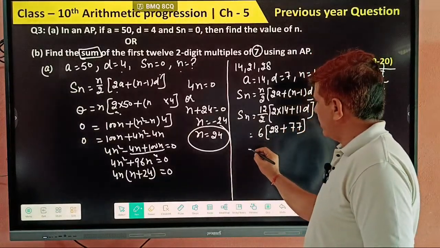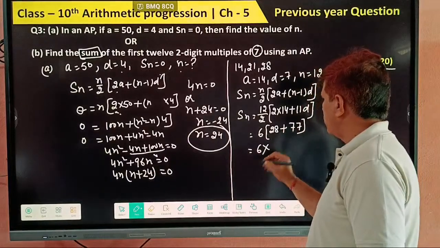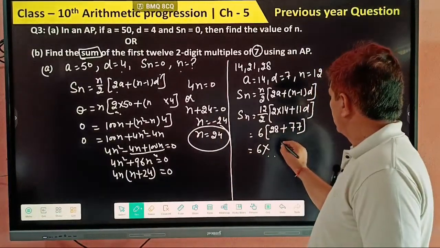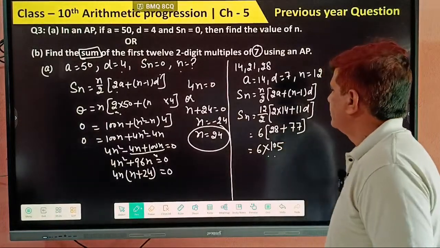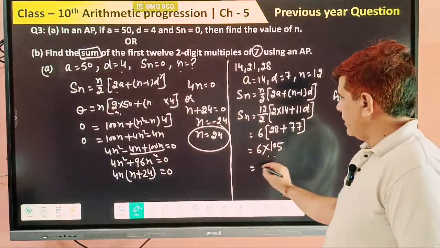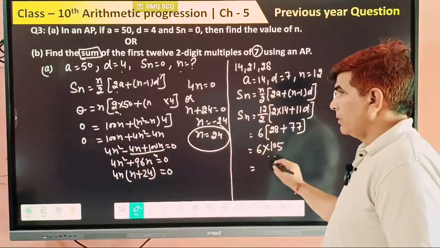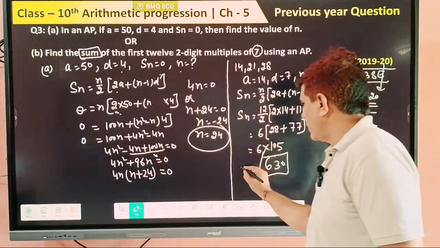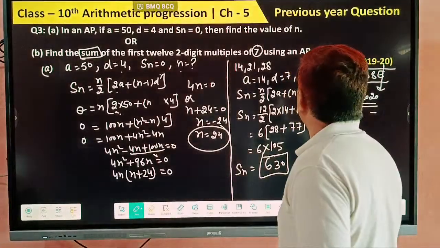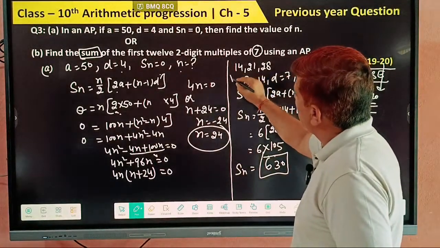If you add these, 6 into 105. If you multiply this, 630. So what's your Sn? 630. Which part is this?